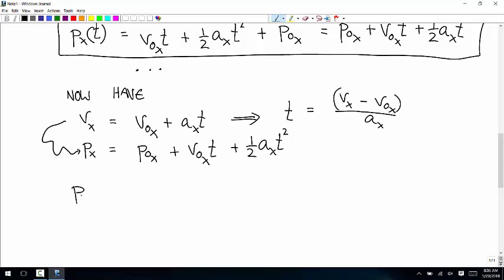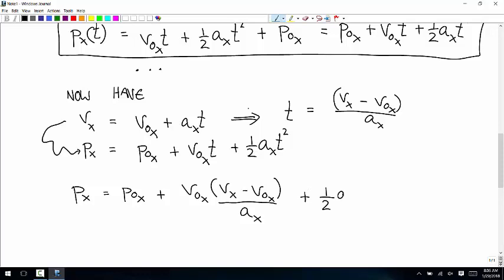And you get that Px is equal to P0x plus V0x times what we just got for time, plus 1/2 times ax times the square of what we just got for time.